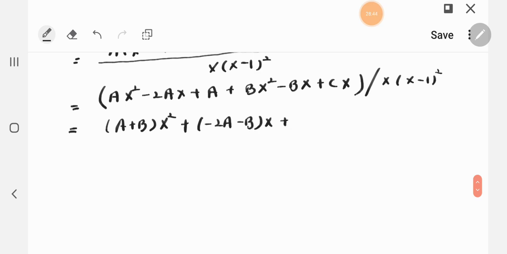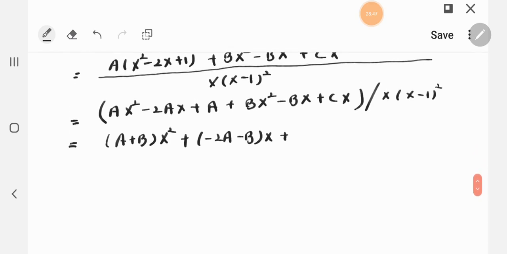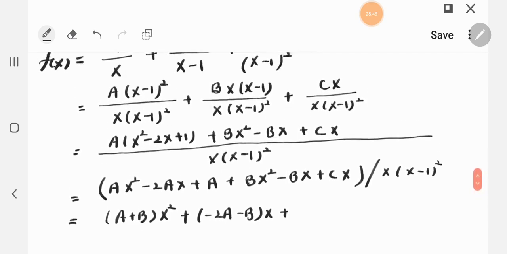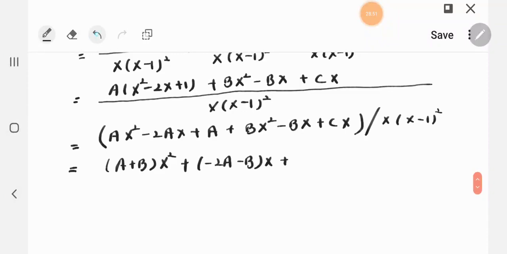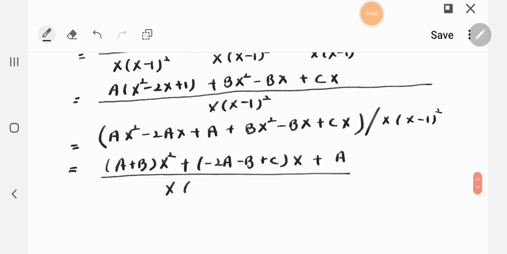And we have another x, which is c, plus cx. And the constant is only a over x times x minus 1 squared.